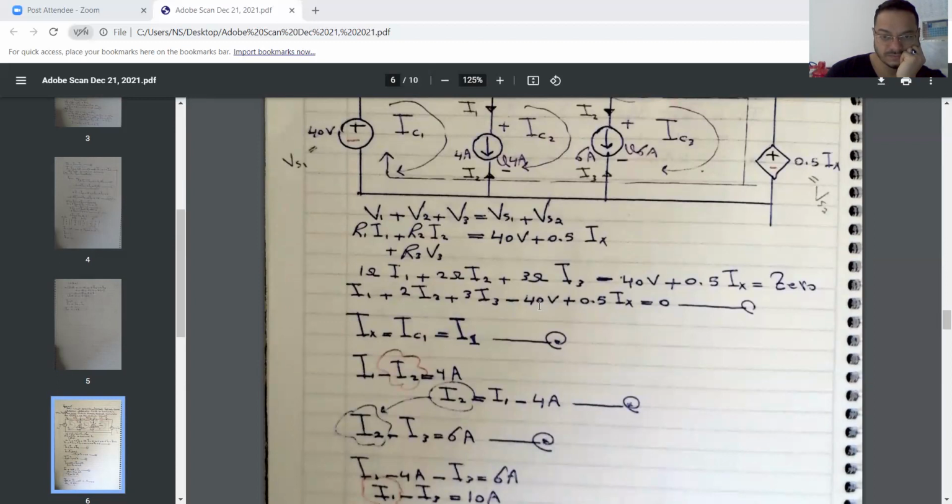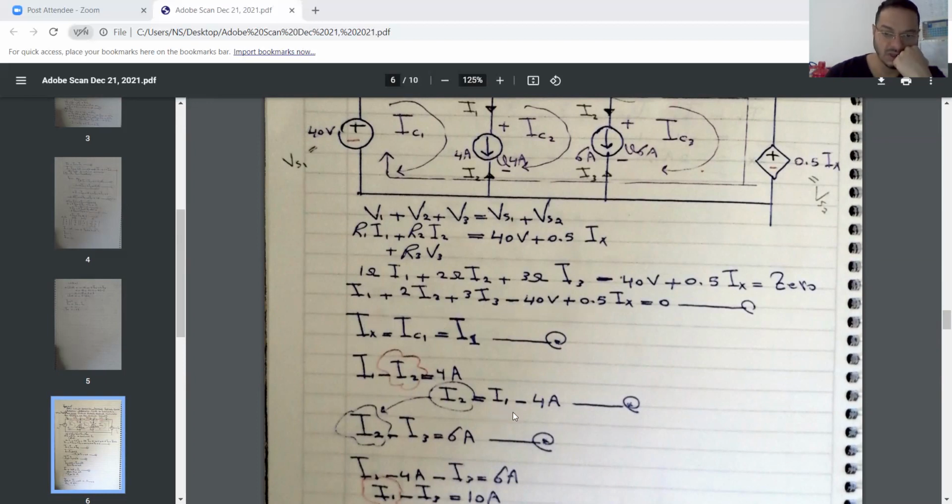Now I1 plus 2I2 plus 3I3 minus 14 volts plus 0.5 IX equals 0. IX equals I1, equal 1.